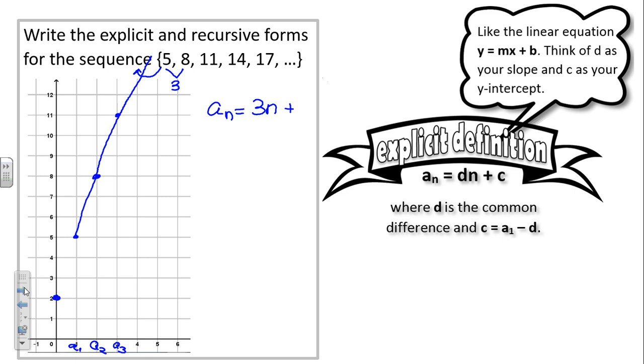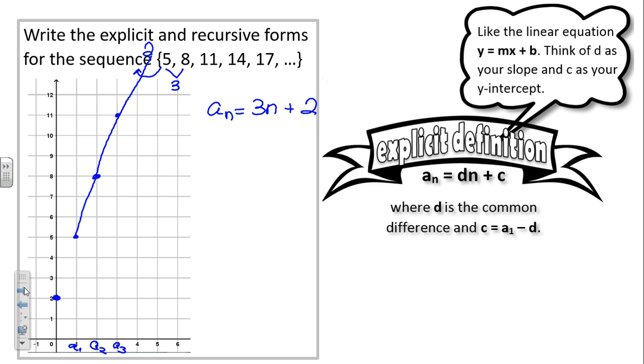And so when I move one step back and find my 0 term, that's what I add on to the end. Make sense? You can draw the parallels between that line and the equation of a line and this explicit definition for an arithmetic sequence. You have less to remember and memorize.